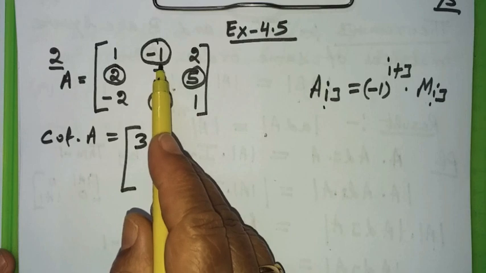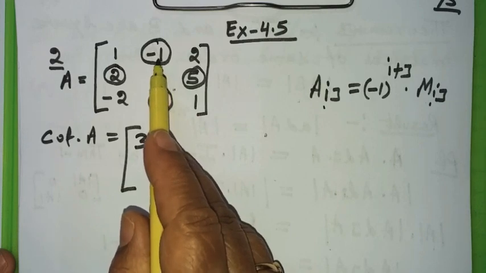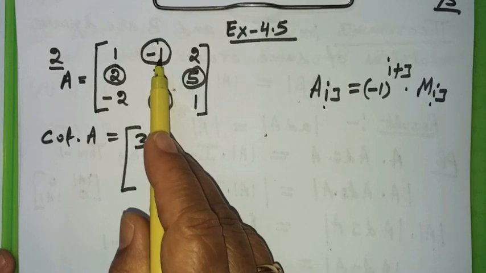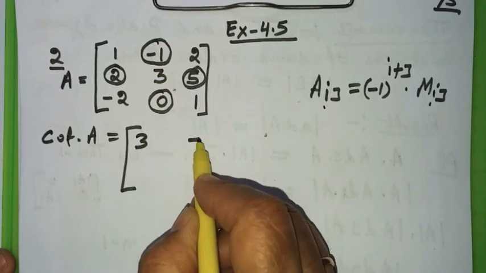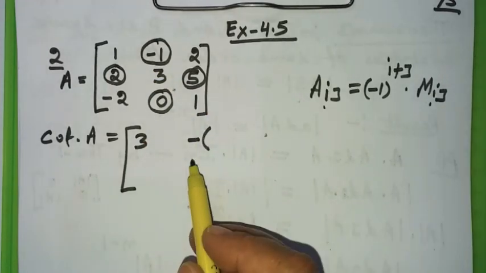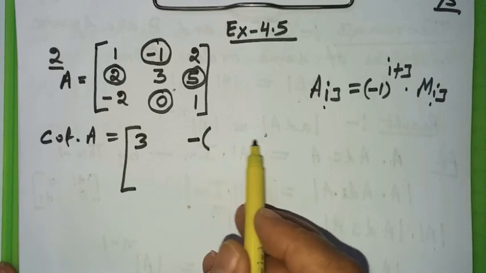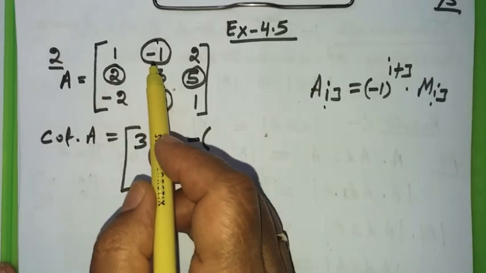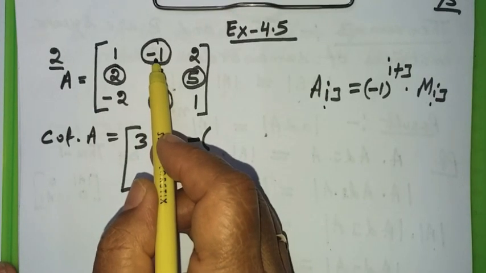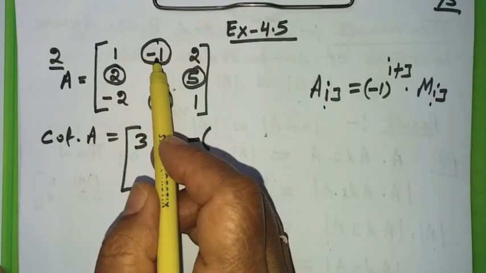Now let me move to the next element, but it's a circled element, its position is 1 2, this is A12, 1 plus 2 is 3, 3 is odd, so its cofactor will be negative of the minor. So I have already put a negative sign. Now I will write inside this bracket the minor of the element minus 1, which is lying at the position A12.